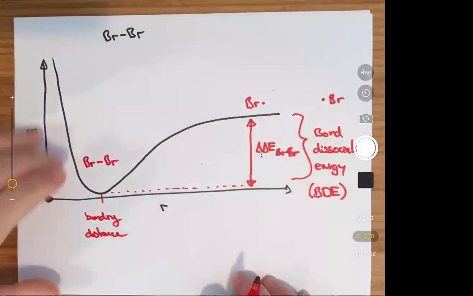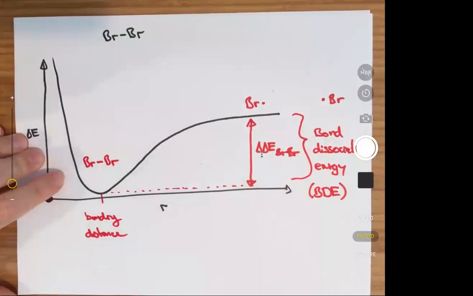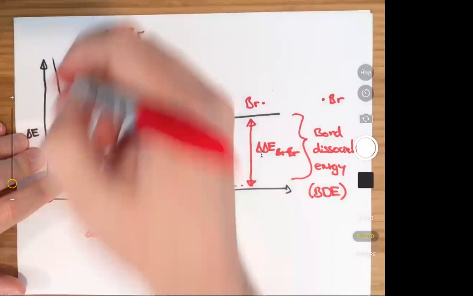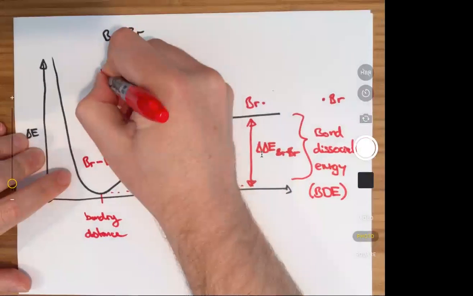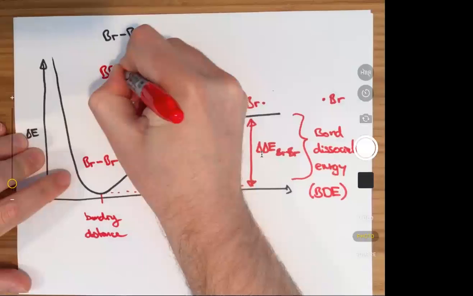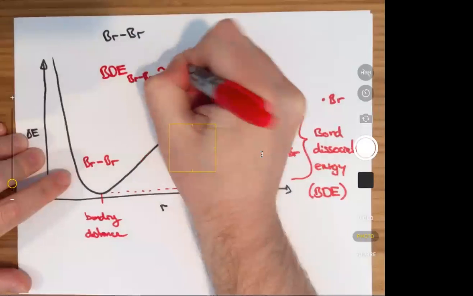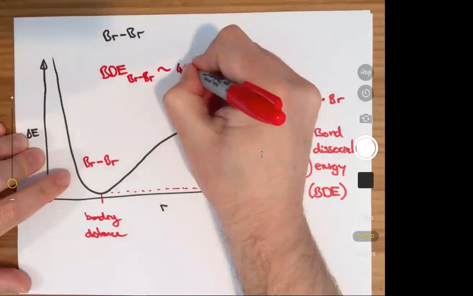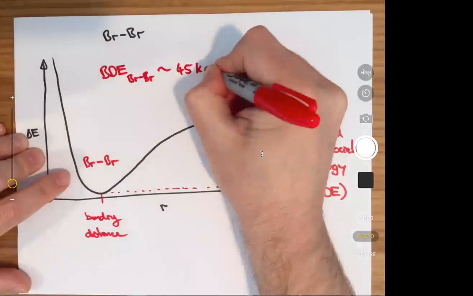Now, in this case, if we talk about the bromine molecule, the BDE for bromine is roughly 45 kilocalories per mole.